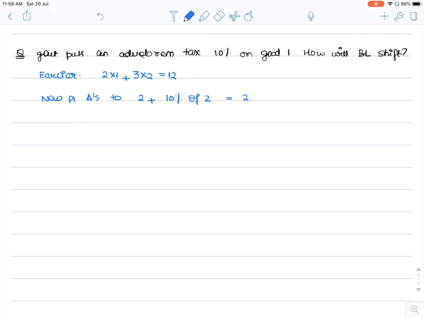So it is 2 plus 10% of 2, which is 2.2, right? The price is going to be 2.2, and the new budget line looks like 2.2x1 plus 3x2 equals 12. You with me? Okay.